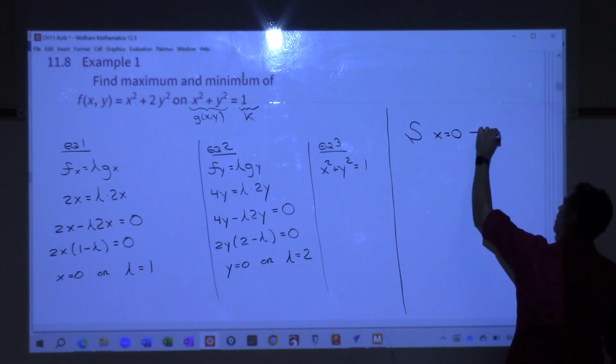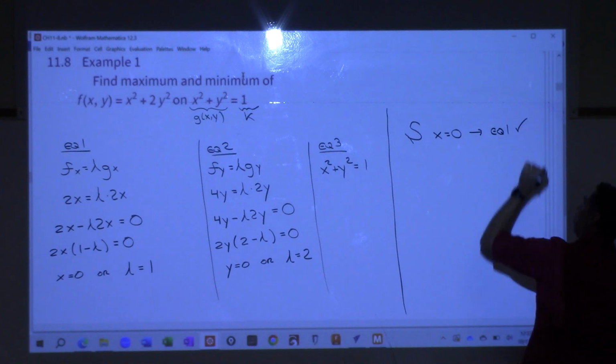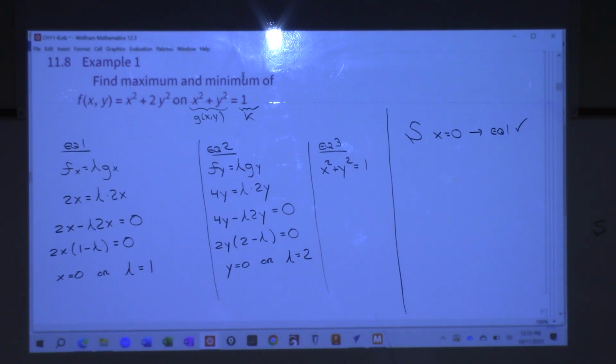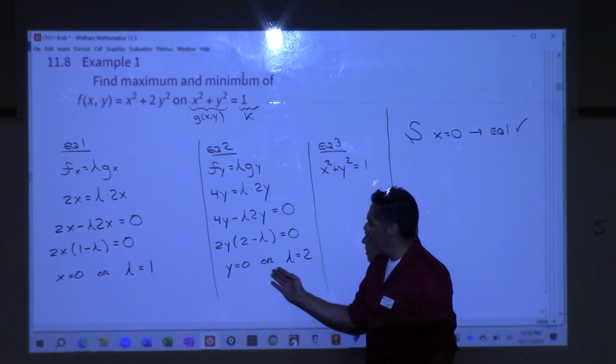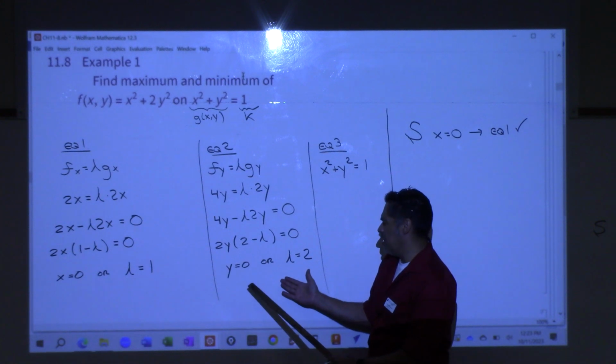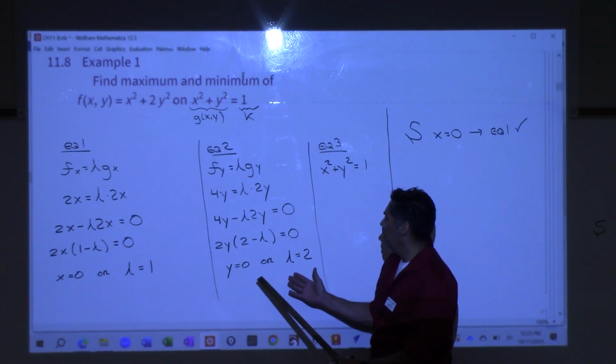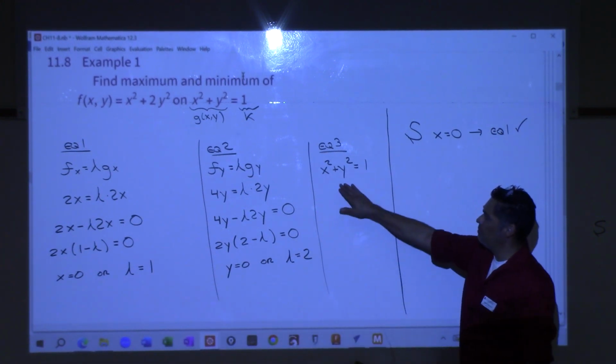Okay? Then do you agree that that means equation 1 is good? We've satisfied equation 1. All right. Now, with x being 0, does that have any impact on this? There are no x's here, right? Okay. How about x being 0 here?